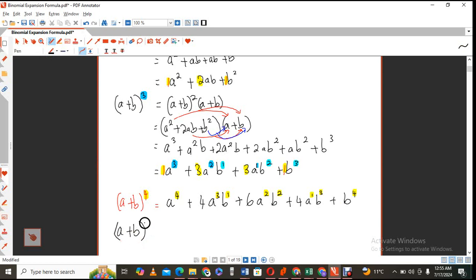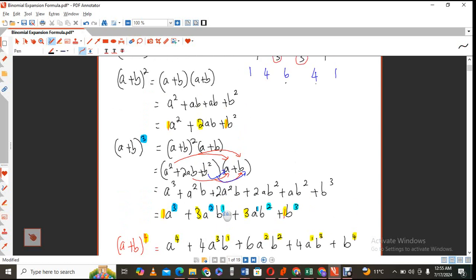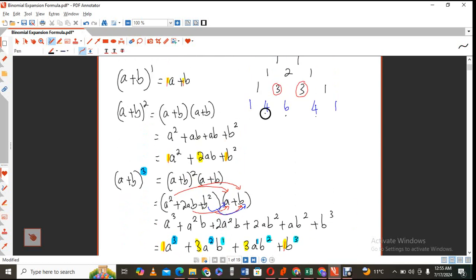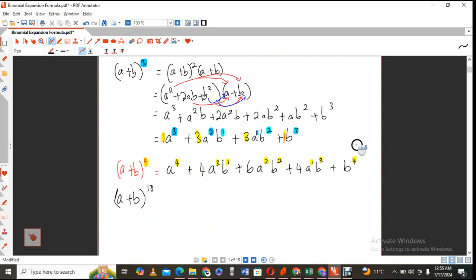And let's suppose we start with n. So there must be a way to do this, but it becomes a little bit tricky the moment we decide, okay, let's make this maybe power 10. And then we have to go back to our triangle, and then we have to get all those coefficients, and it becomes a tedious and a very long process.